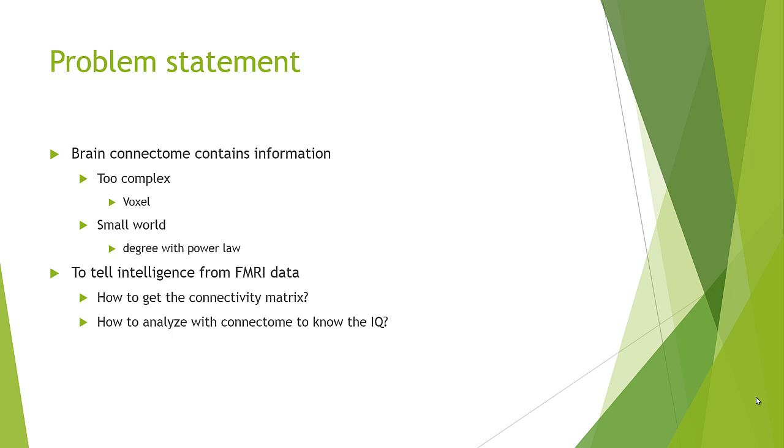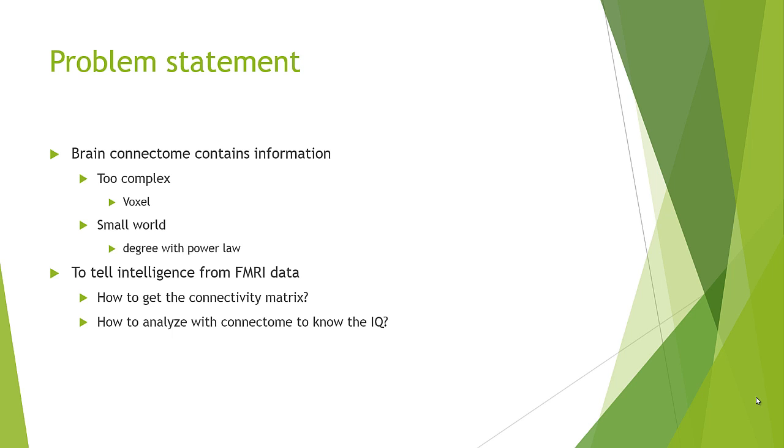Another property that the brain connectome usually shows is certain small world attributes, which means the node degree of each neuron often complies with a power law distribution.